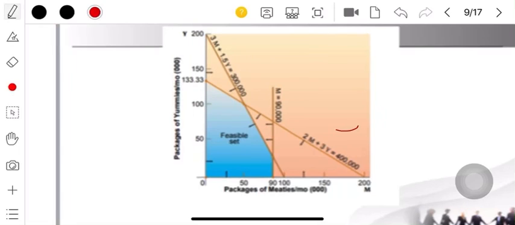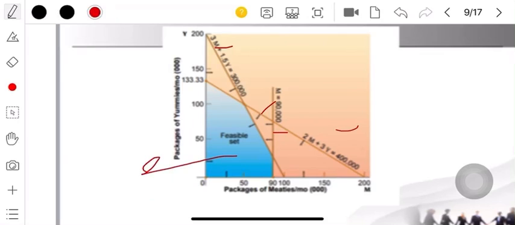So the common region of these is this blue shaded region. This feasible region satisfies all three constraints together, and the non-negative condition is also satisfied, since the values of m and y are positive.